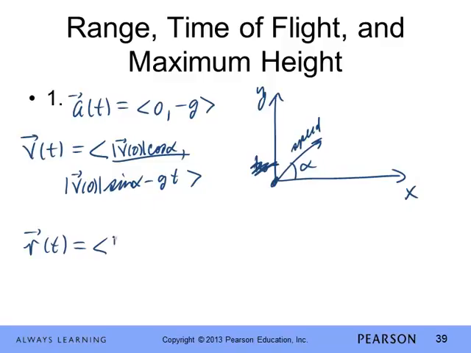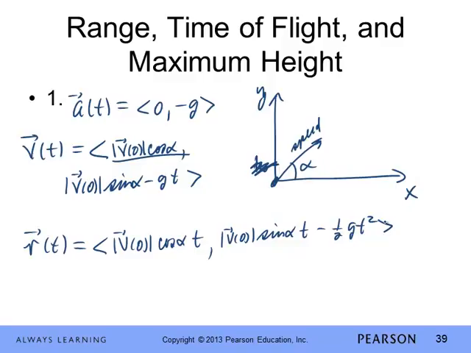So we'll have the initial speed times cosine of alpha times t, comma. Now there is no initial height, so we'll just have initial speed times sine of alpha times t minus 1/2 gt squared. Okay?